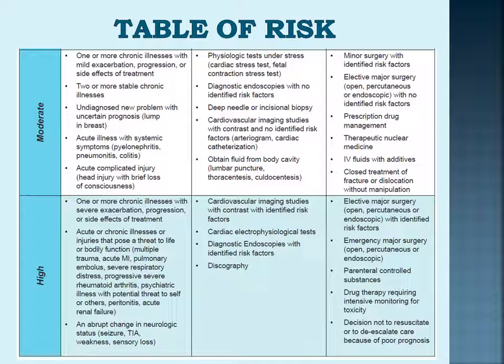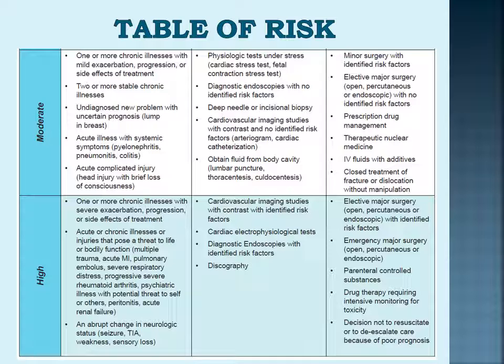And again, the type of testing you're going to do becomes much more involved. And the management options are again much more extensive, including possible surgeries, prescription drug management, different diagnostic studies.